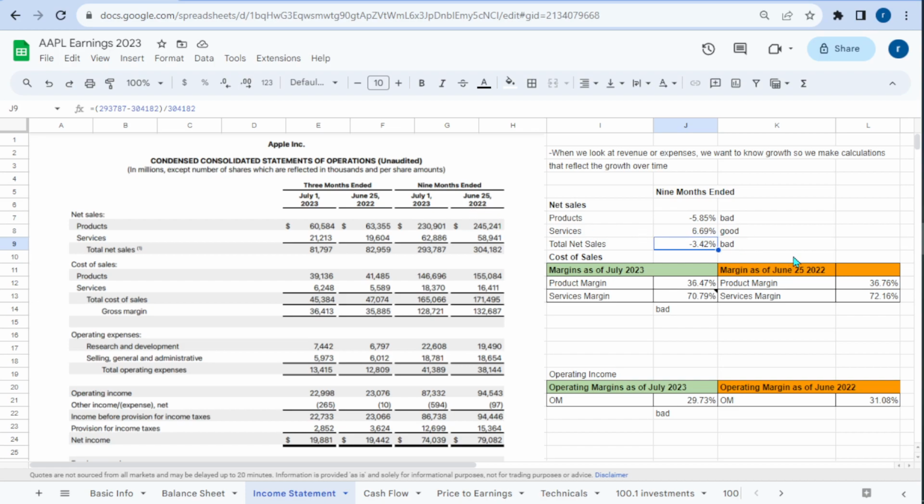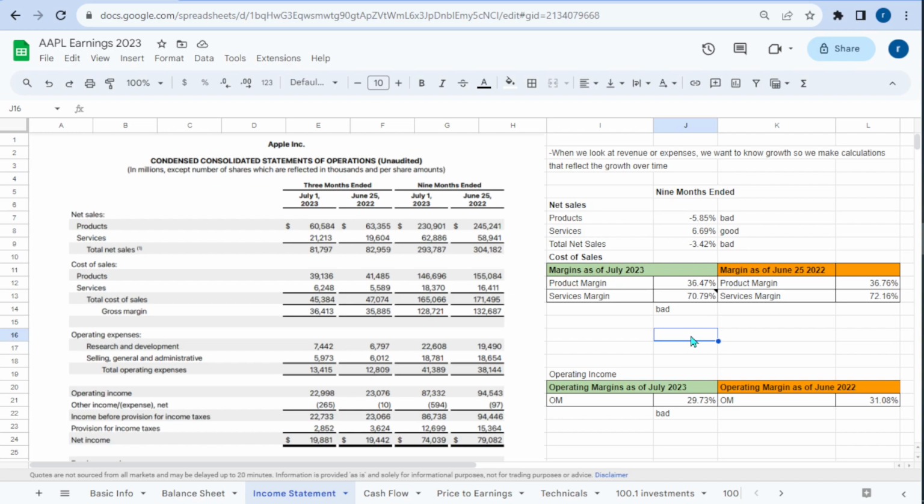So ultimately that's not a good sign. You want to see revenue growth, not revenue deceleration. So overall, I'd say the revenue side is a miss, but it is nice to see that services revenue are increasing because the margins here are higher. So, it's kind of a mixed bag, but ultimately I'd say it's probably a little bit more on the negative side here.